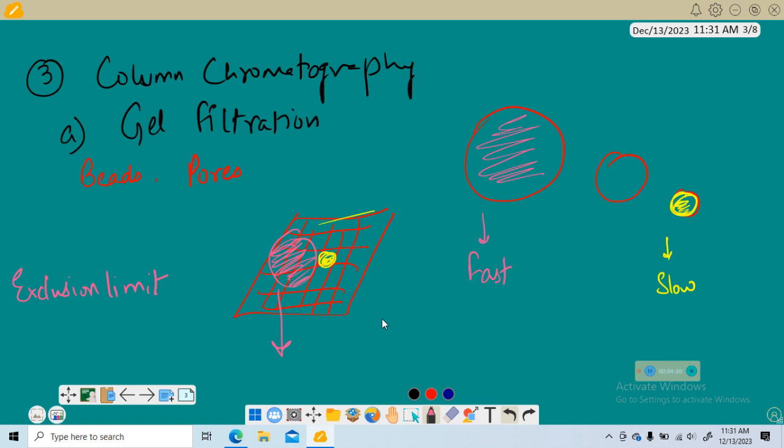Elution means which molecule will go first, which will go second, and which will go third. Basically the movement. So the biggest molecule will come first, the medium second, and the smallest last. So this was about gel filtration chromatography.